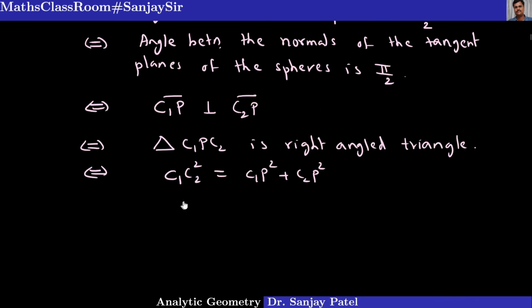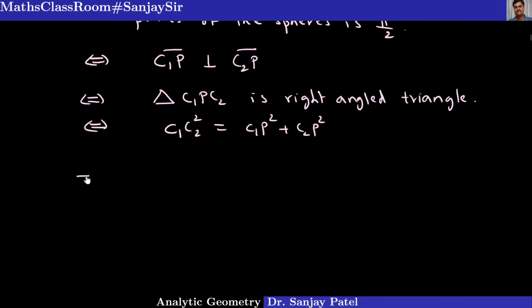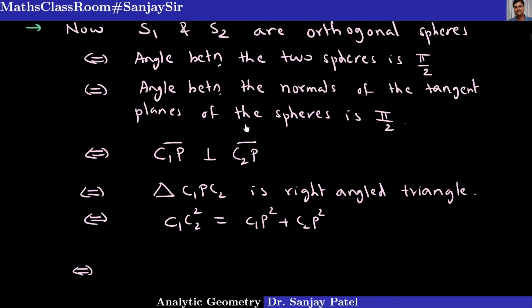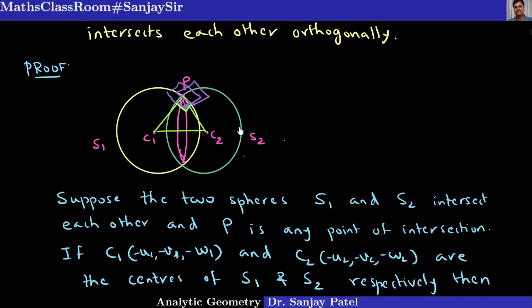This is the radius R1 and this is the radius R2, that is C1P is R1 and C2P is R2.